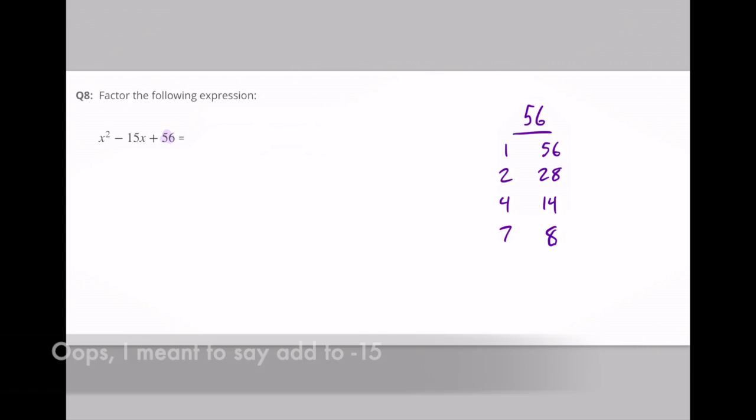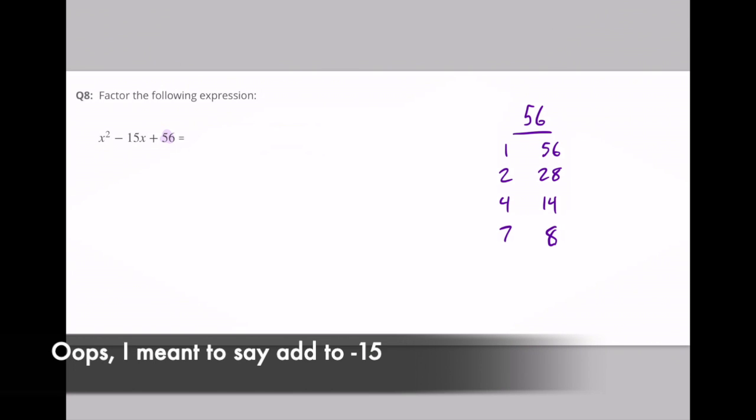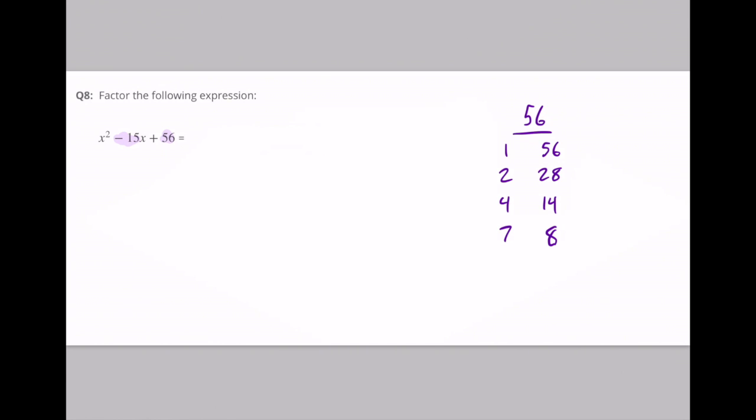From this list, I want the pair of numbers that's going to multiply to get negative 15. Well, I know 7 plus 8 gets me positive 15. To make it negative, I can just make both of these numbers negative. So our answer should be x minus 7 times x minus 8.